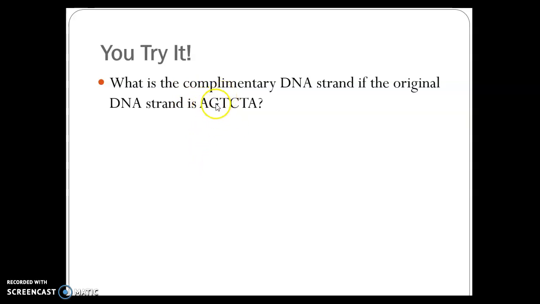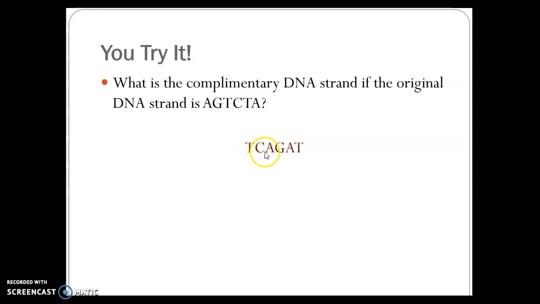G always matches with C, so you're going to have a C on the other side. T is always with A, so you're going to have an A over there. C is always with G, so a G over there. T with A with T. So that's what we got, T, C, A, G, A, T. And that is a complementary strand, which will stick right up over here.